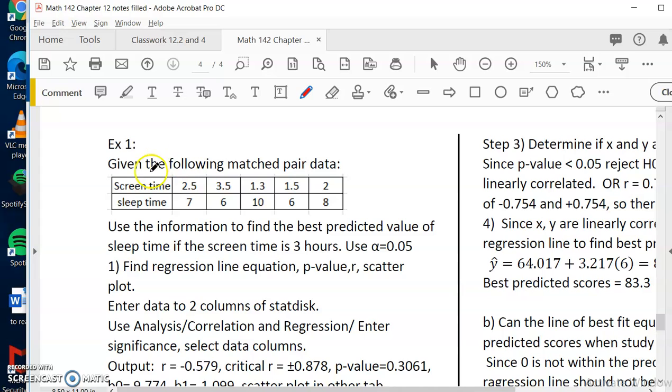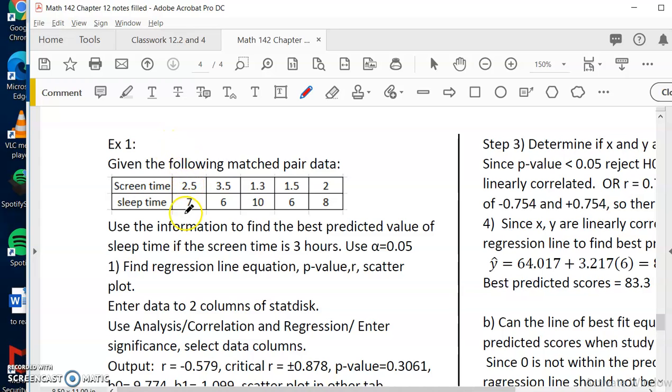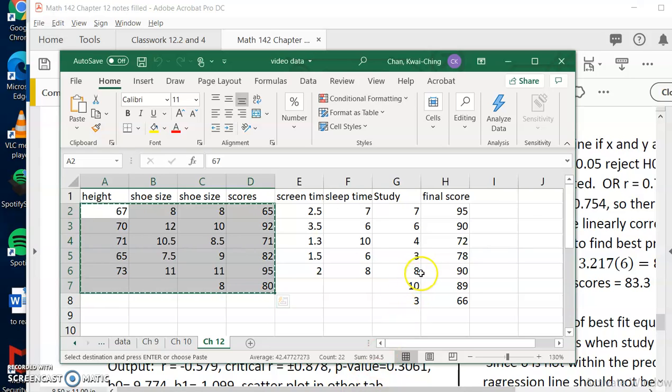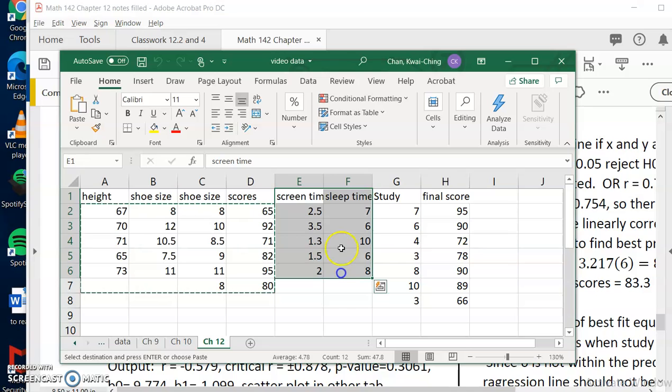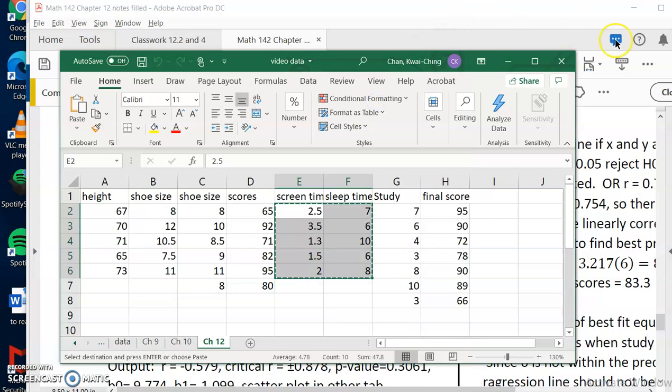Okay. So example 1, we want to look at if screen time is related to your sleep time. So here, this is another study, 5 data. I only need the numbers. Okay, copy it.